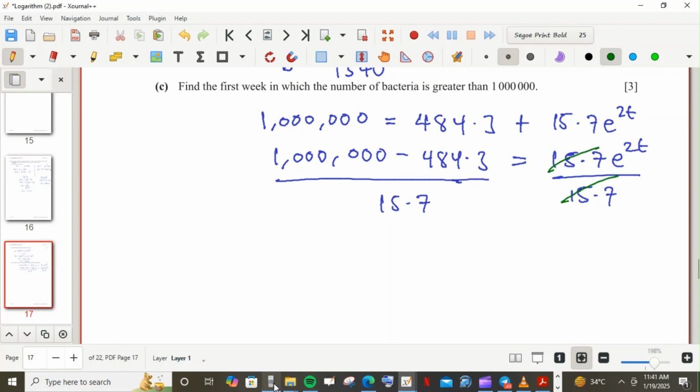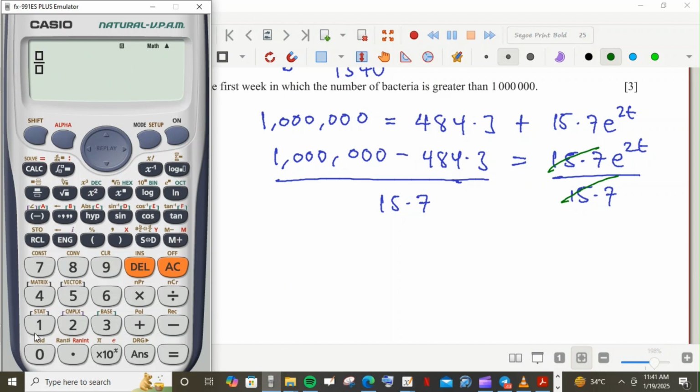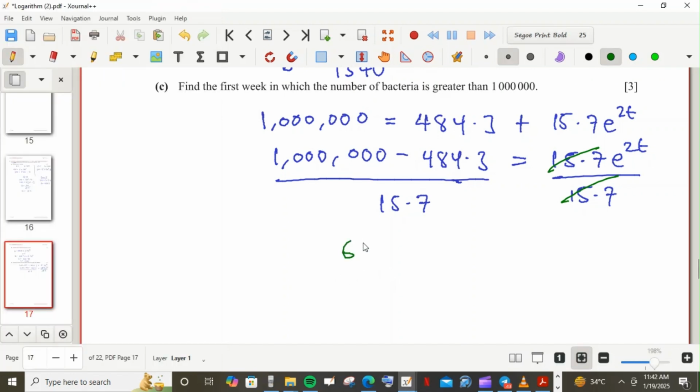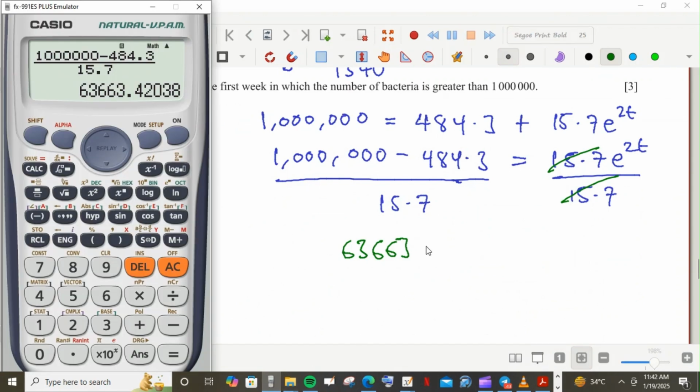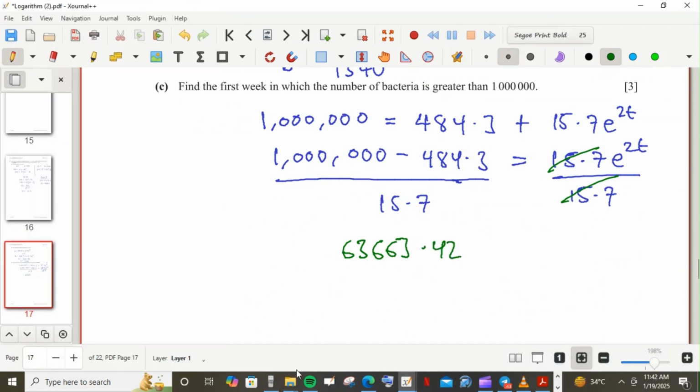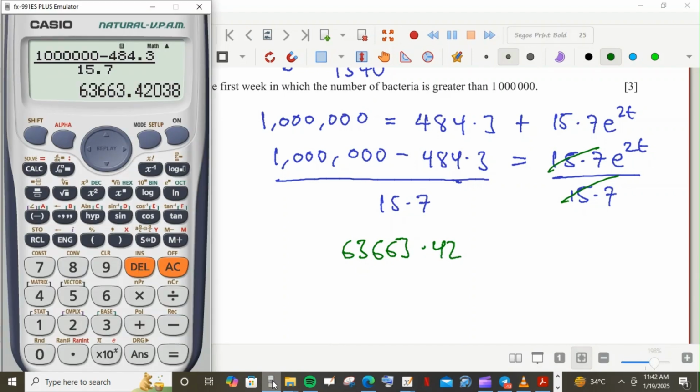So now let's do this calculation and see. 1 million, I'm getting 63663.42.